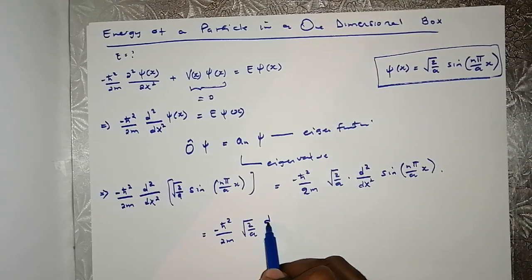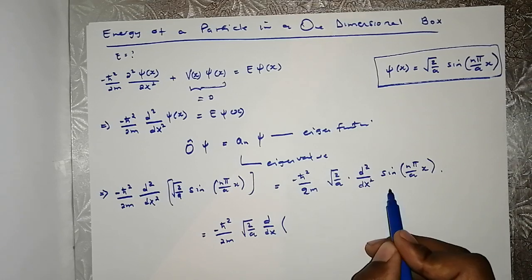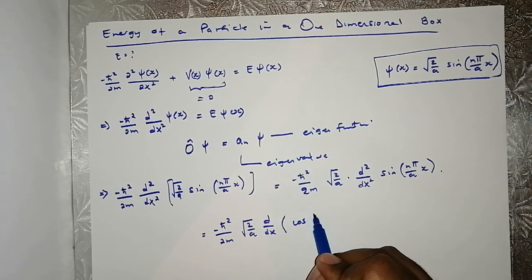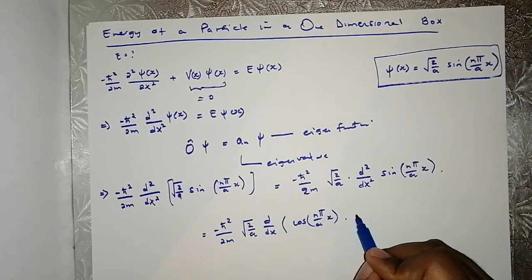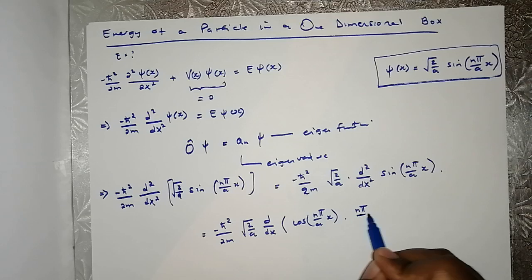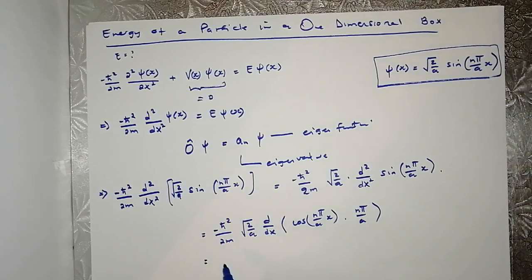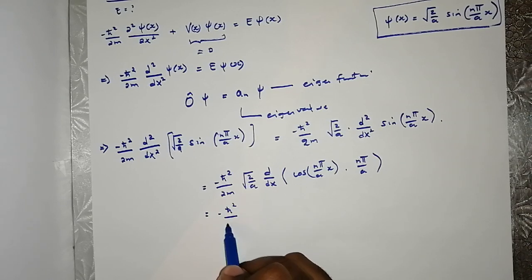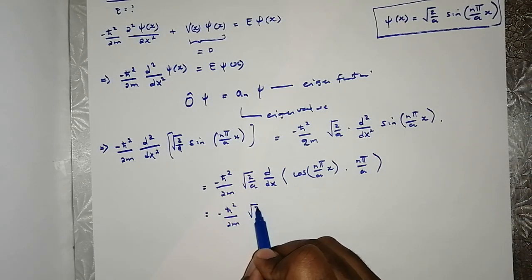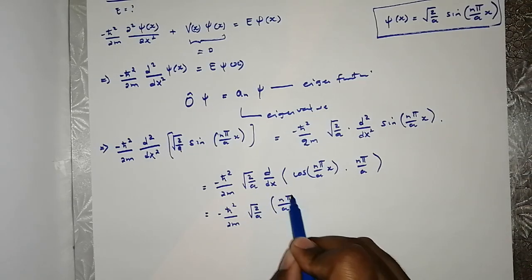Okay, I'm going to differentiate this function. It's going to be the cos of n pi divided by a multiplied by x, also multiplied by the derivative of the inside function. So I can factor out this n pi over a, it's a constant. I trust you guys can see what I'm doing. Minus h-bar squared over 2m times the square root of 2 over a times n pi divided by a.